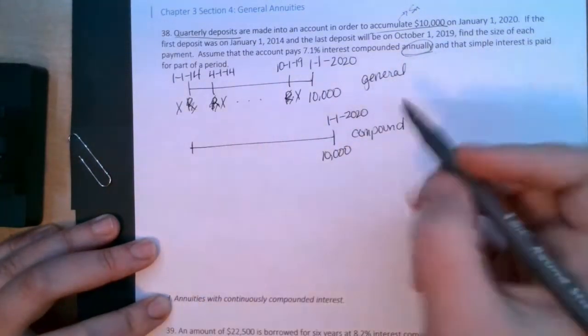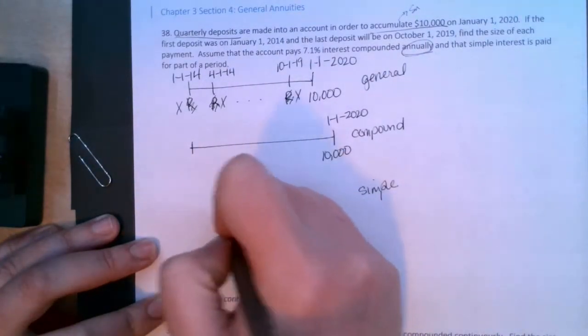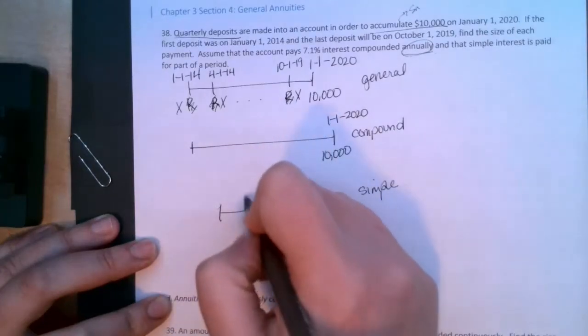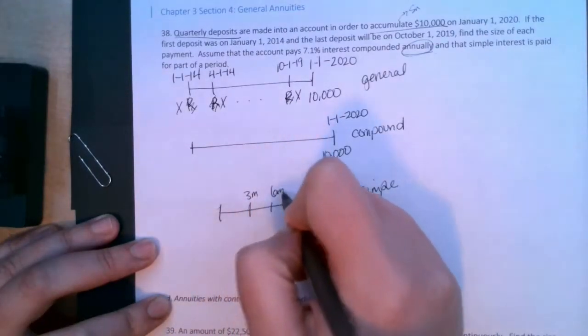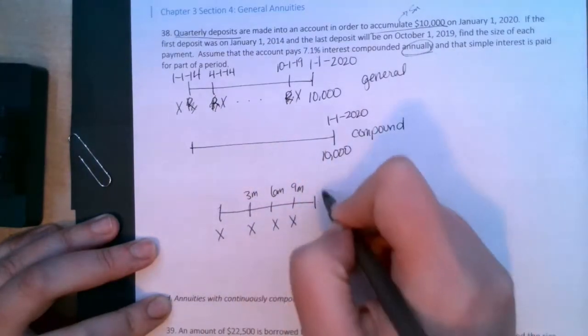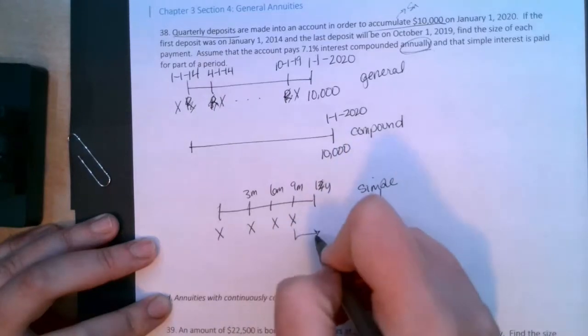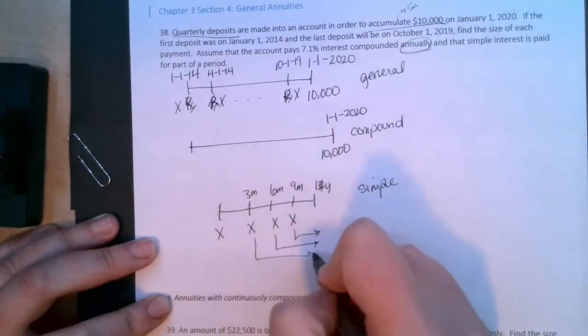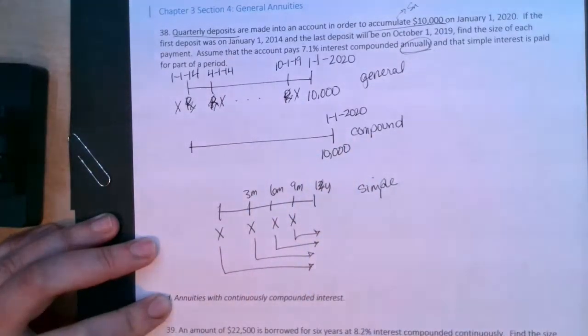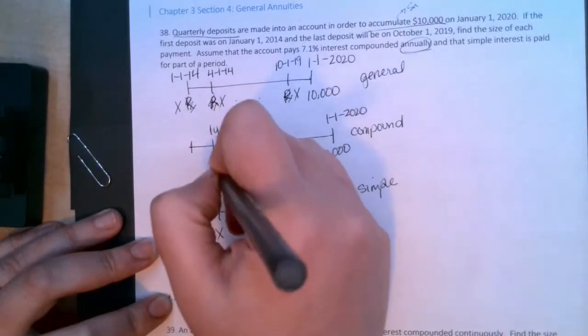Remember, with our simple timeline, we're going to take those quarterly payments of X and move them down to the 1 year mark. So we're going to move this one 3 months, 6 months, 9 months, and 12 months, to get our R. So our R is actually at the end of each year.